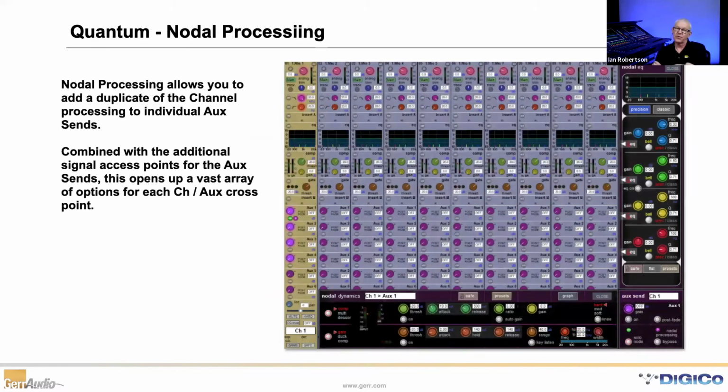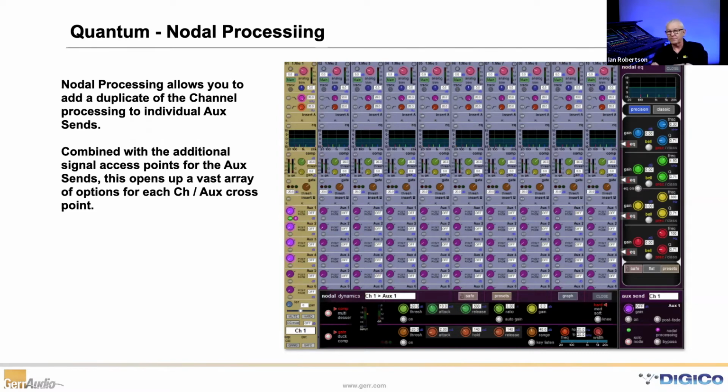So this is kind of where the rubber meets the road. This is the thing that really separates the Quantum consoles from all the other ones, is the concept of nodal processing. So what nodal processing does is it allows you to take the standard EQ and dynamics that exists on the SD channel, or in this case, the Quantum channel too, not the Mustard, just the standard.